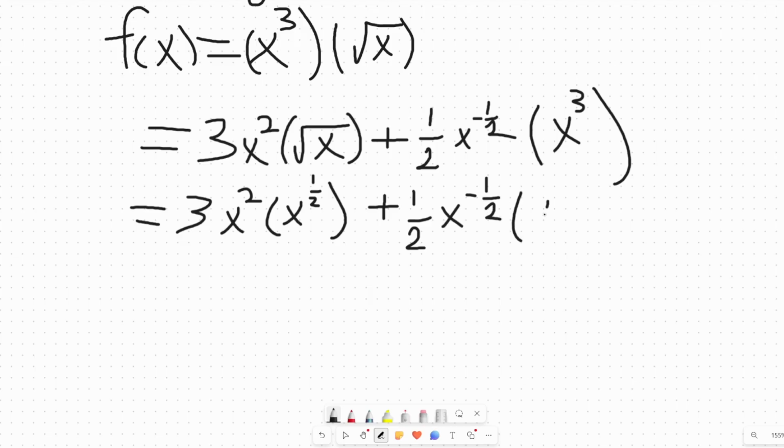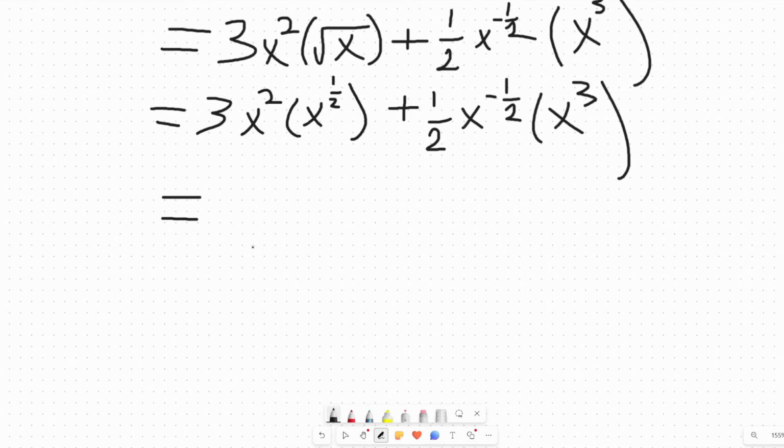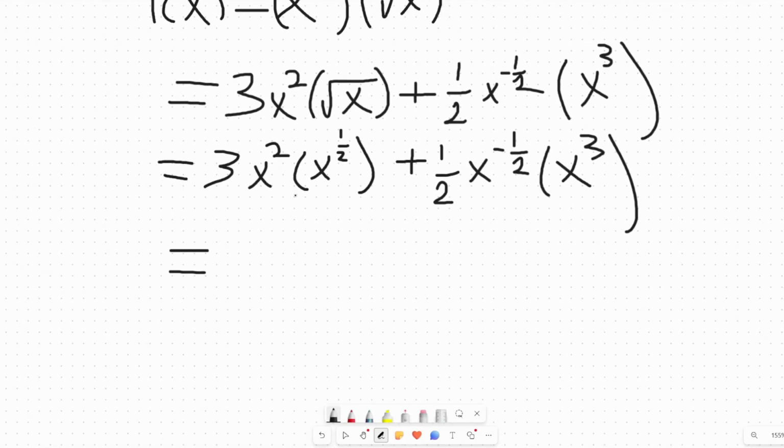And then times x cubed. All right, so now this simplifies into 3x to the 5 over 2, because when you do this, this becomes pretty much 4 over 2 if you want the same.